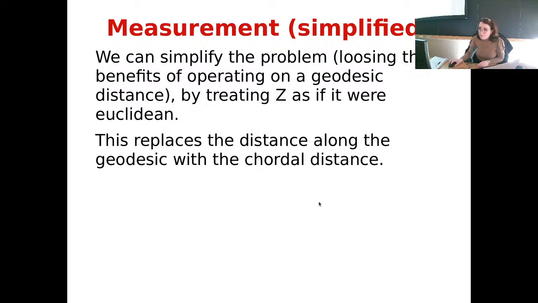Now, the problem is that in this way we are not operating on a geodesic distance. We are using a chordal distance. This is why it's an approximation, because we are not computing the distance on a geodesic, we are computing a chordal distance.